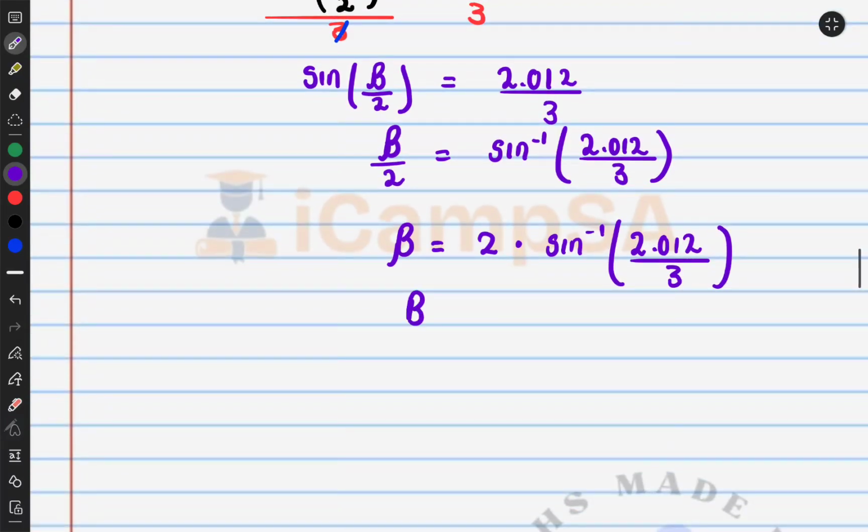You punch this in your calculator, 2 multiplied by sine inverse of 2.012 over 3, and this gives us 84.24 degrees.